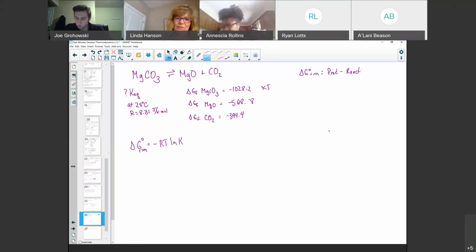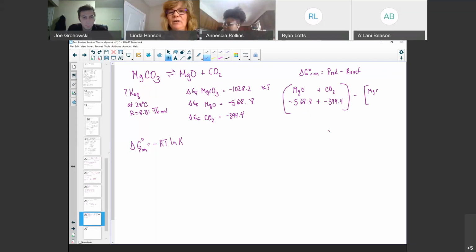And that delta G will go into our formula to pull out K. So the MgO value, magnesium oxide, is the first product, negative 568.8, plus the other product, carbon dioxide, minus the reactant, which is your magnesium carbonate, and its value is negative 1028.2. So that's the delta G in the standard form.